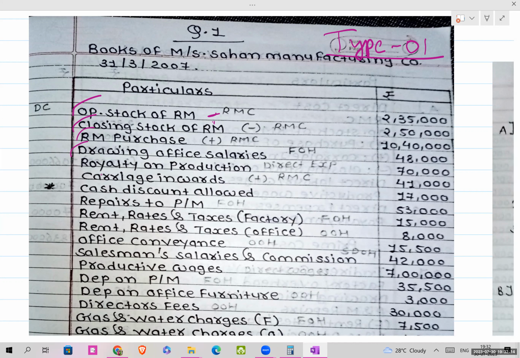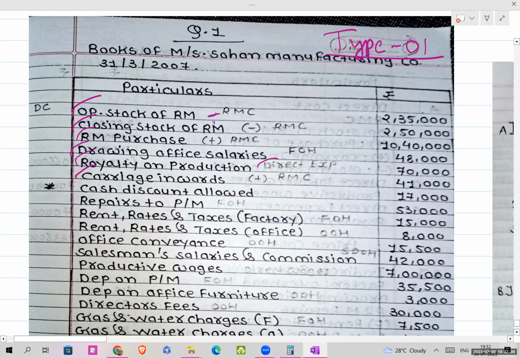As discussed in the theoretical aspect, I had in depth discussed what royalty on production is. It's a direct cost under the head direct expenses. An explanation about it I have already given in the theory part, in the previous 1, 2, 3 videos, where I discussed introduction to cost accounting.